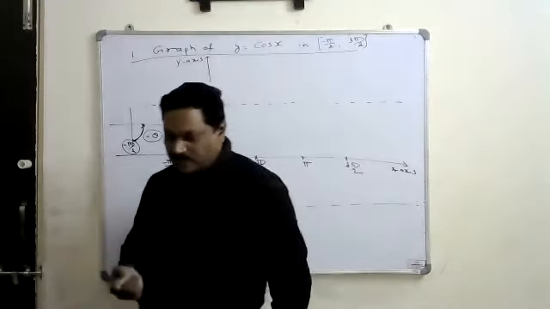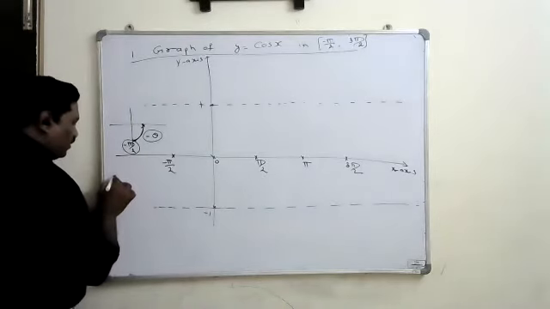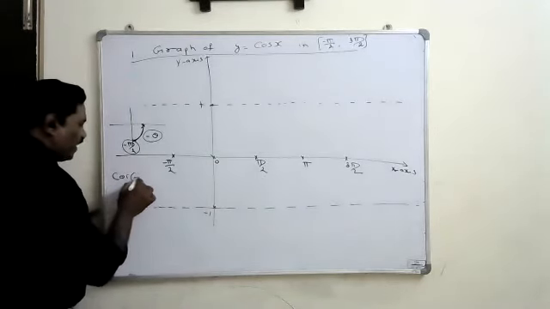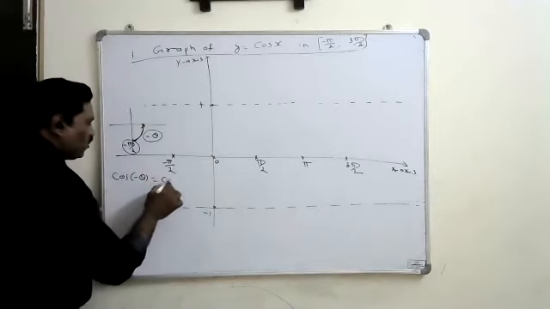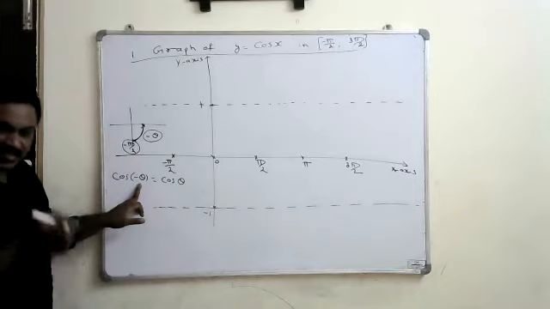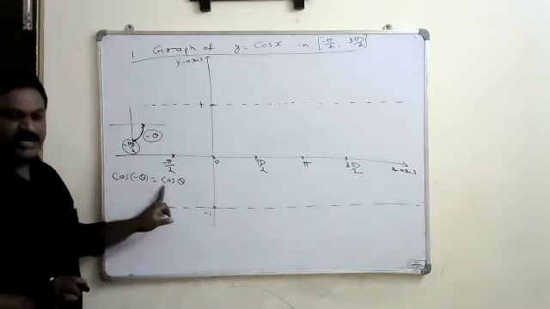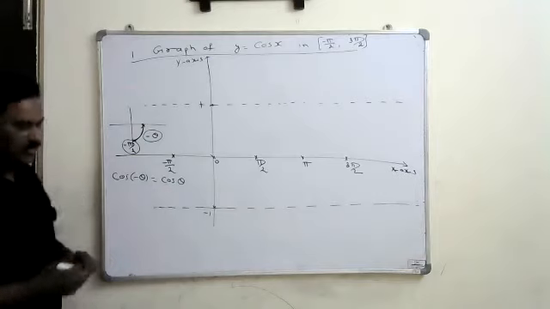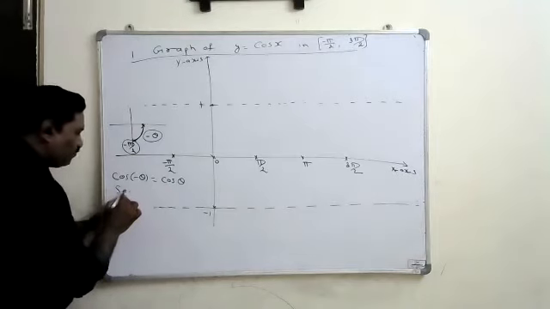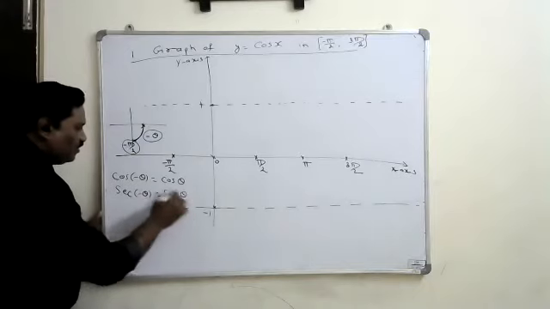Cos and secant. Therefore, cos of minus theta is equal to cos theta. Because minus theta lies in the fourth quadrant, where cos is positive, we get plus cos theta. Remember that. Similarly, secant of minus theta is also equal to secant theta.